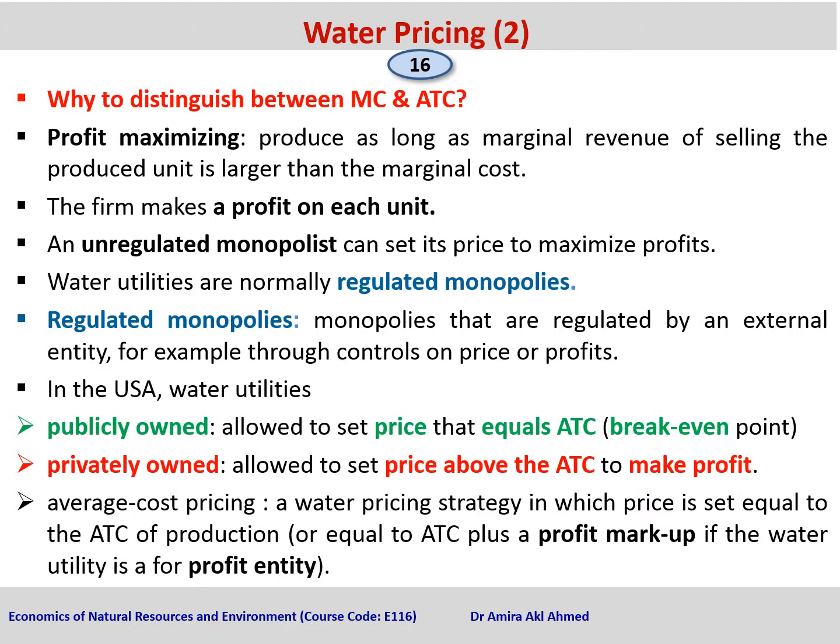Private water utilities are permitted to make a reasonable profit by allowing them to charge a price somewhat above the average total cost. For publicly owned firms, prices are set to just cover their total supply cost, considering both fixed and variable costs.